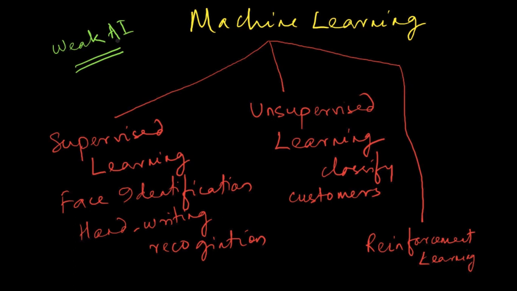So you have some kind of a training data set which has a set of inputs which are mapped to a set of outputs, and the job of your supervised learning algorithm is to learn the functional relationship between the input and the output. So one could say that this is a kind of curve fitting, and yes, it is indeed a kind of curve fitting, but with a very important difference.